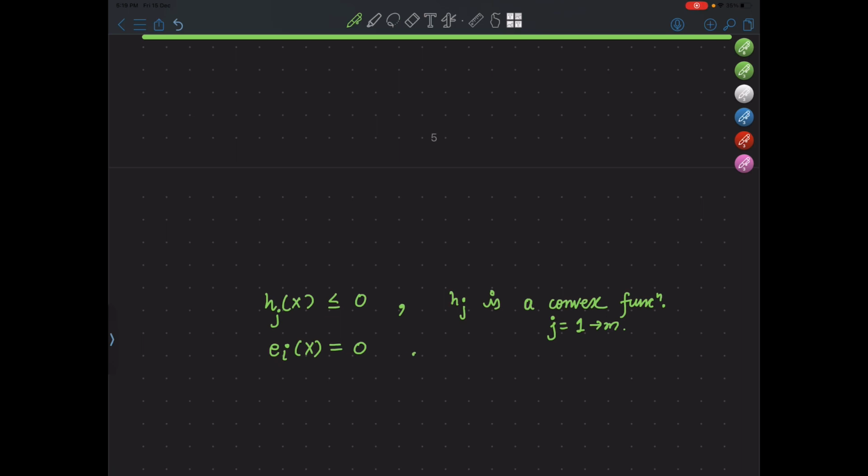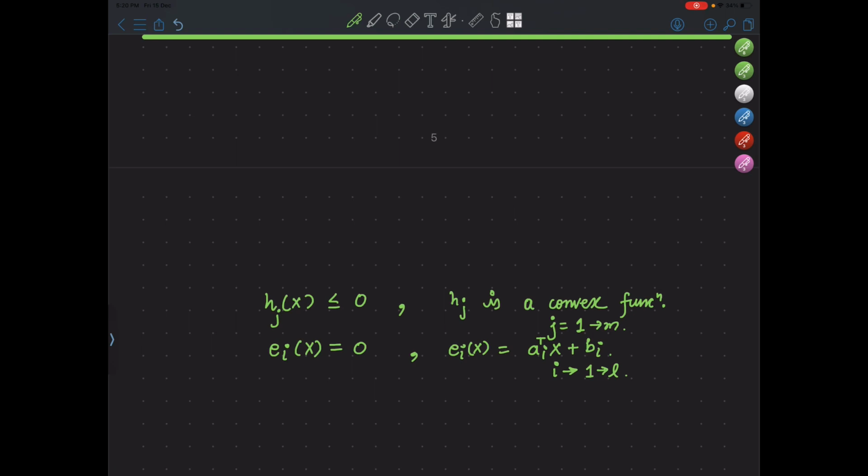It turns out a set represented by an equality can be convex only if the left hand side e_i is an affine function, or basically it's linear in nature. That is true, with i going from 1 to l.